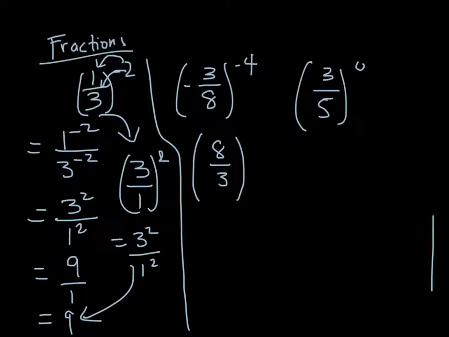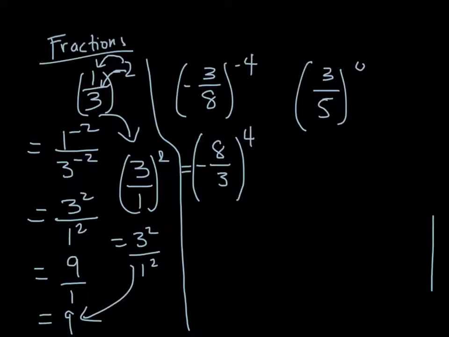Does that change? Well, young ladies and gentlemen, it actually does not. Because the only thing that is changing when we take the reciprocal is the exponent. It has nothing to do with that number. So we're not going to change that. We're going to put that negative right back in there.